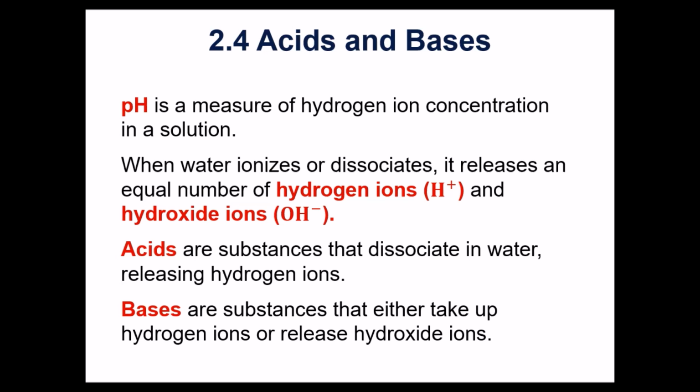When you have HCl in a solution of water, the hydrogen is released, or dissociates or ionizes, in that water, so the hydrogen creates the acid. A base is a substance that generally takes up hydrogen ions, so it's almost like a sponge. It absorbs the hydrogen ions in a solution, or you can also think of it as releasing hydroxide, the OH, into the solution.